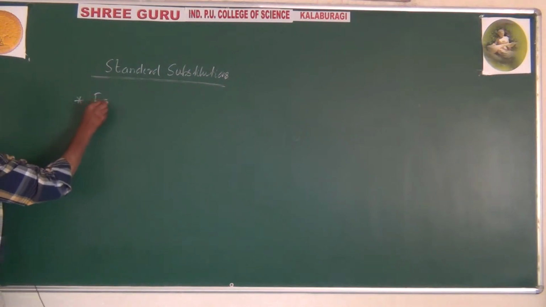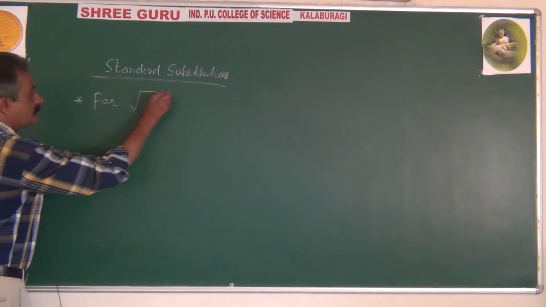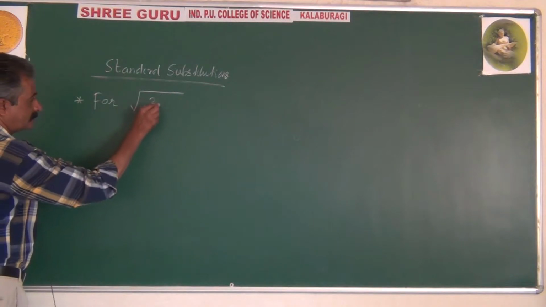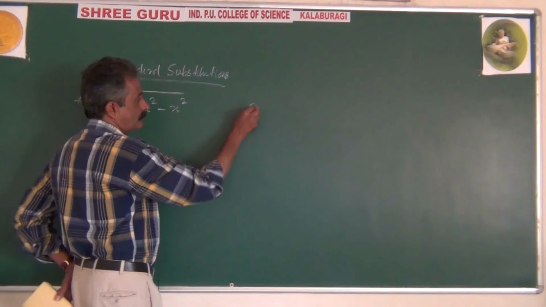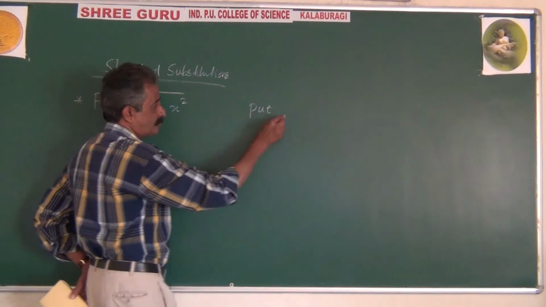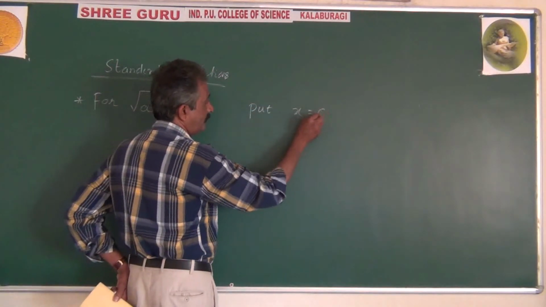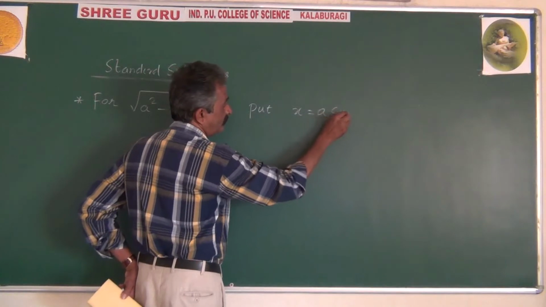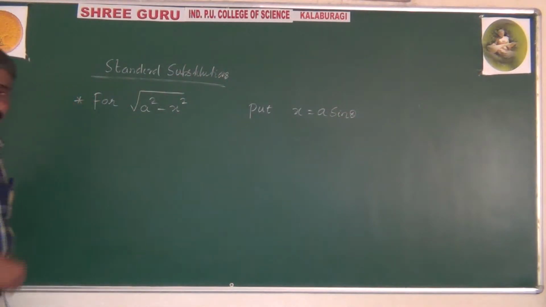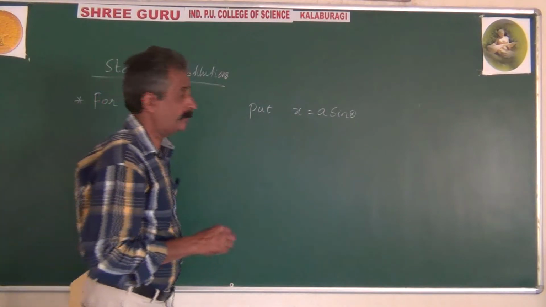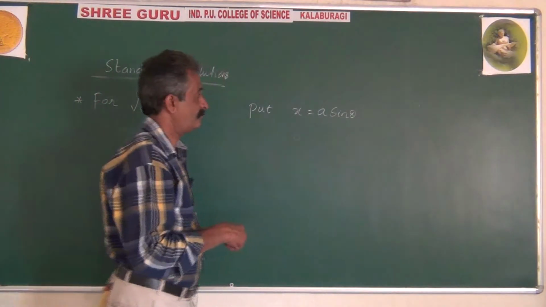For root of a square minus x square, put or substitute x equal to a sin theta. In some exclusive cases, you have to put x equal to a cos theta also.